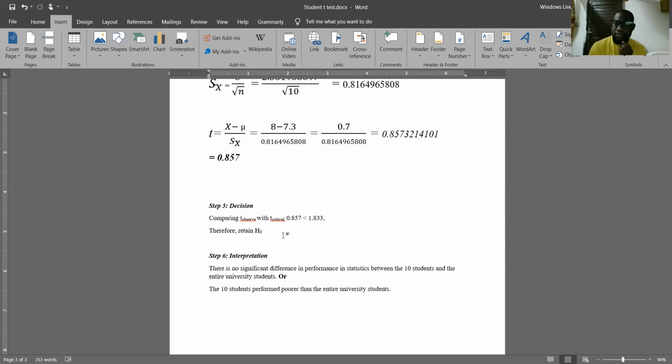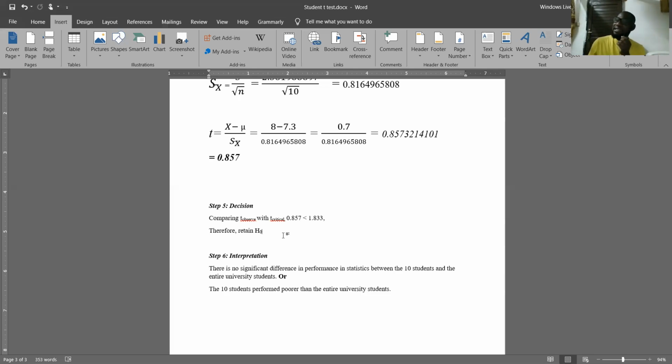Then the last thing has to do with interpretation. With interpretation, based on your decision at step 5, you either retain or reject H0. Interpretation has to do with the fact that we have 2 main hypotheses, and you have to select one of them as your answer.